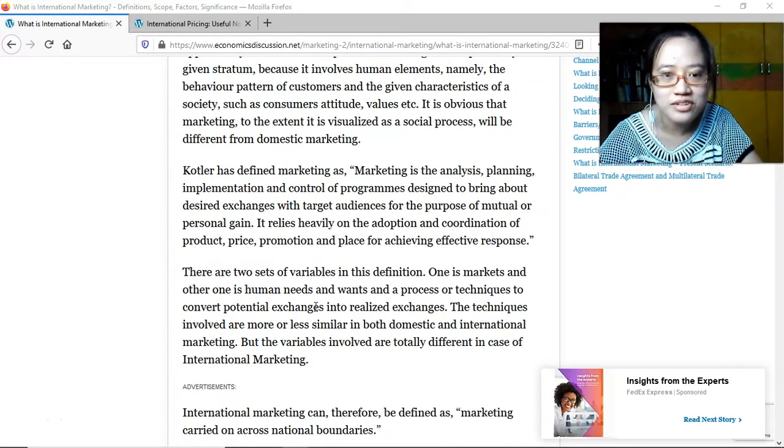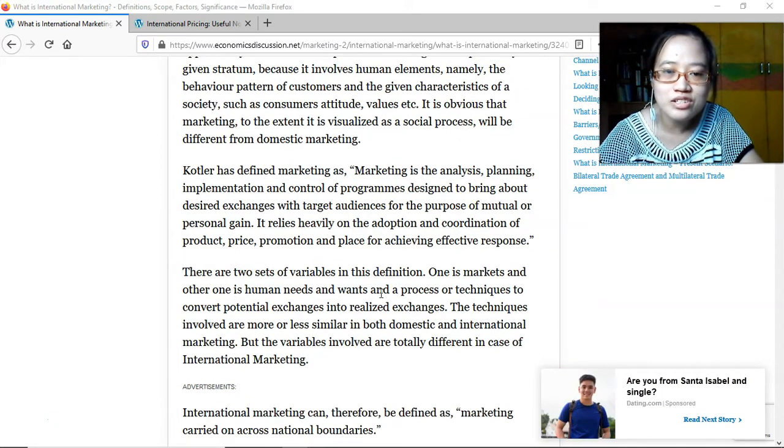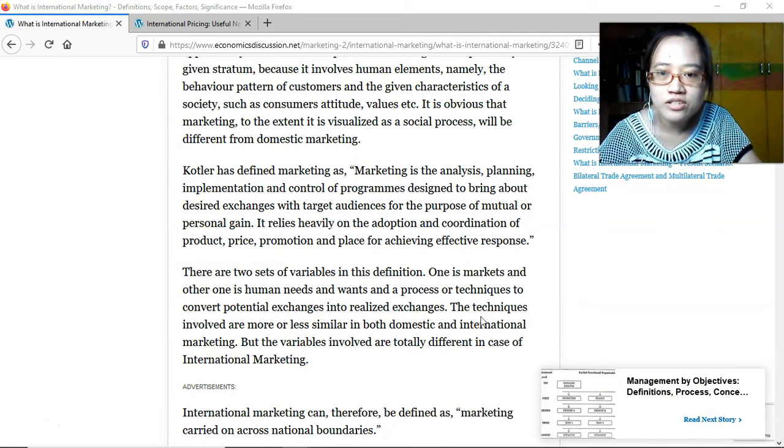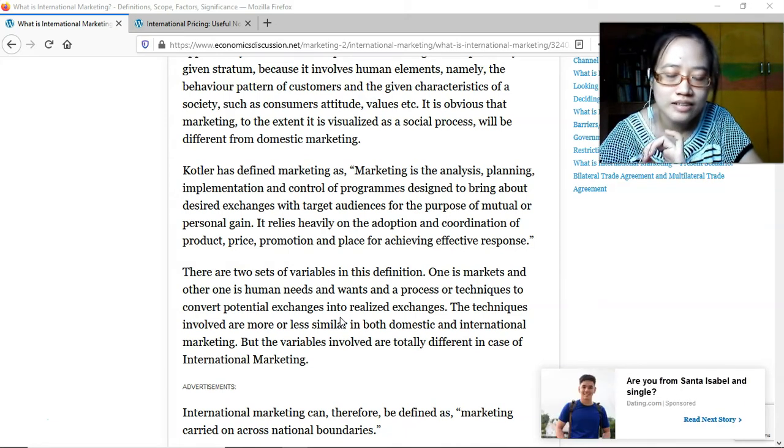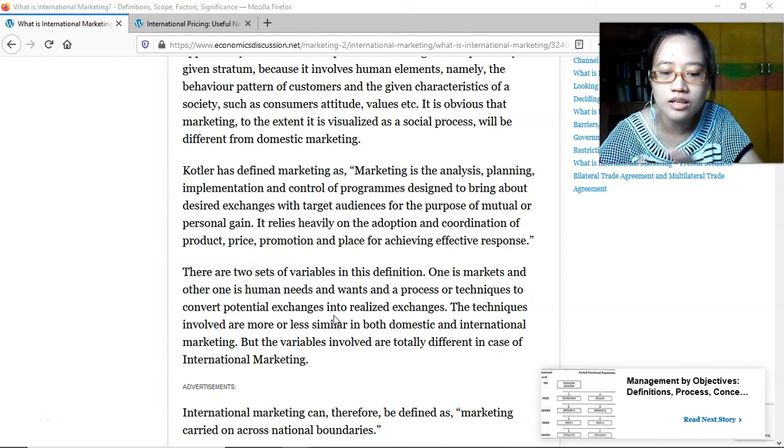Essentially, these are what we are actually going to discuss here in this subject. I've just realized recently that there are two sets of variables in this definition. One is the market, and the other is human needs and wants, and the process or techniques to convert potential exchanges into realized exchanges. So of course, when you introduce a product to the market, some are interested, curious, but would not immediately buy your product unless they fully understand what your product has to offer: the benefits, the features, the functionality.